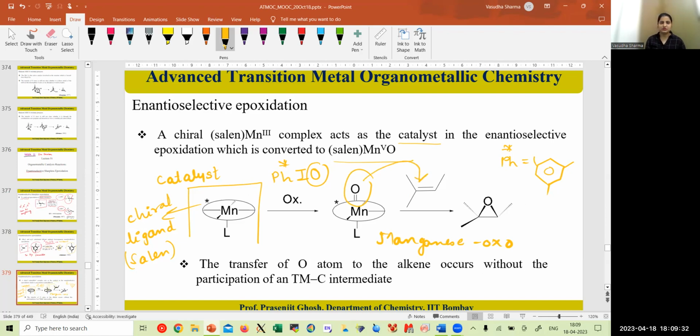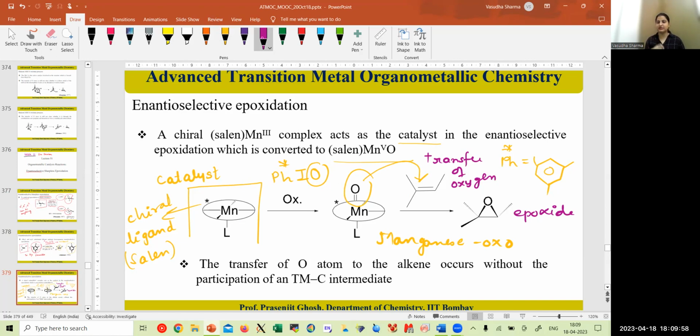This step is now called the transfer of oxygen, and therefore the epoxide formation occurs. And the chirality, as you can see, is maintained. The highlighting point of this enantiomer selective epoxidation using the manganese catalyst is that the catalyst itself has a ligand system, a chiral system.